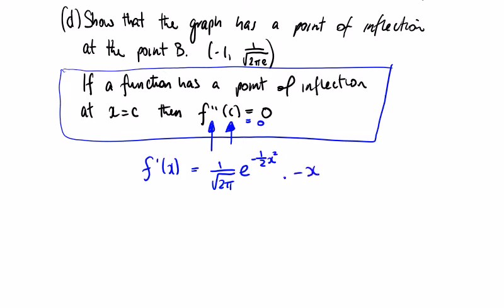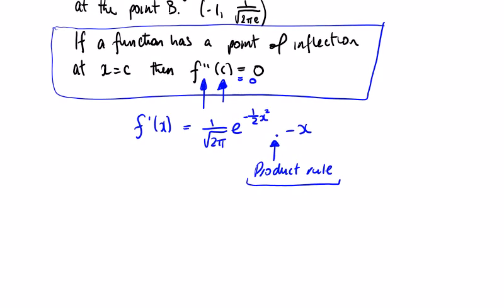Now you should see here, this multiply makes this a product rule question, because we have two x's in each part. So the first by dy dx of the second, and then we're going to add the second by dy dx of the first, and the order doesn't matter here.